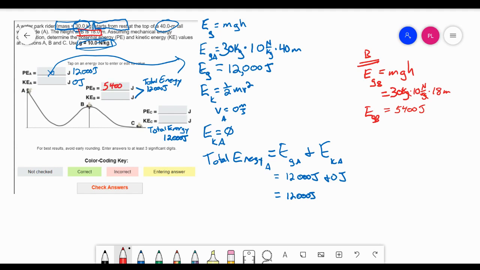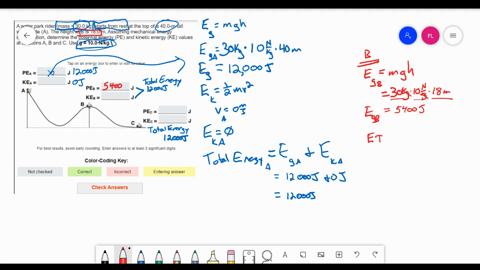5,400 joules. Now, again, your version of this question might give you a different height, might give you a different mass, and you might choose 9.8 instead of 10. So your number might not be 5,400, but this is the process to find that gravitational energy at B. And then the kinetic energy at B, well, we can say total energy.